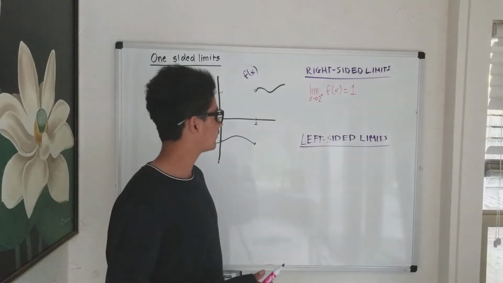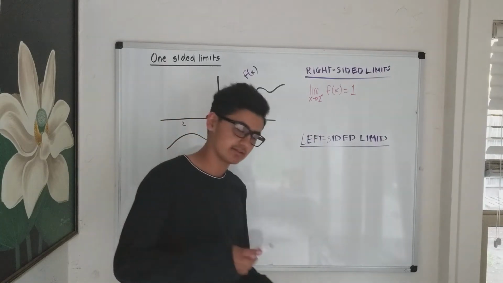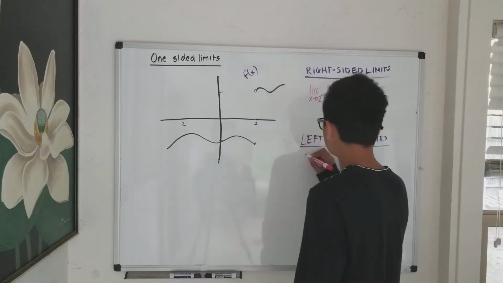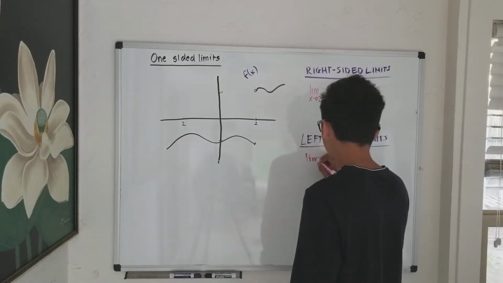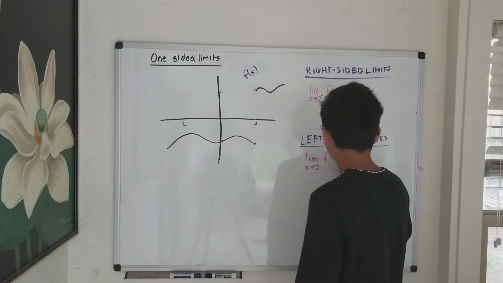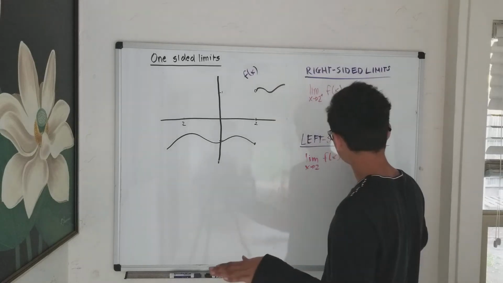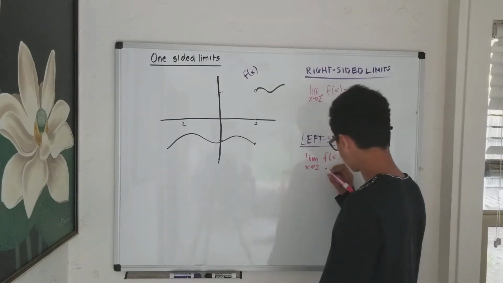Like right-sided limits, you write it basically the same as a normal limit, except you add a little subscript. So we would write limit as x approaches 2, because that's what we're trying to find here, of f of x is equal to, and we already know it's going to be negative 1, but we'll hold on to that for just a sec.